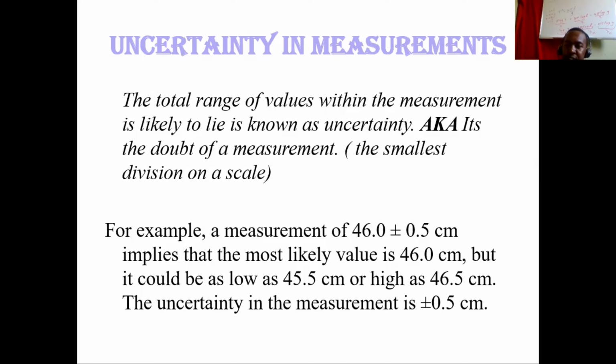So the uncertainty tells you how much more or less the value actually can be, because with measuring instruments, when they are being manufactured, problems or issues can arise, so that your instrument is not made properly in terms of the scales, right?